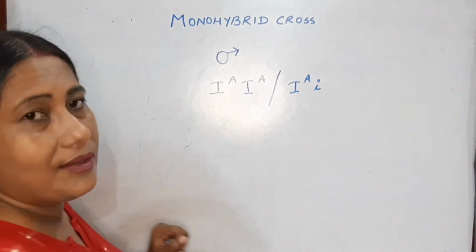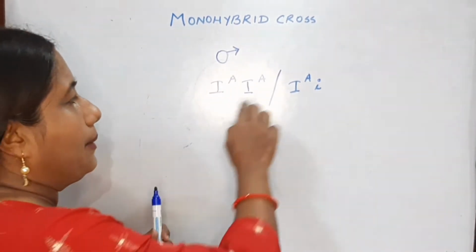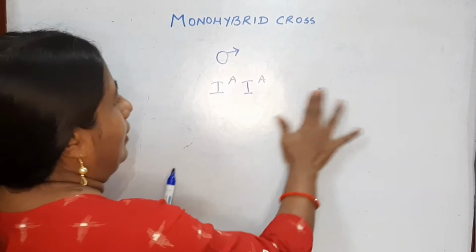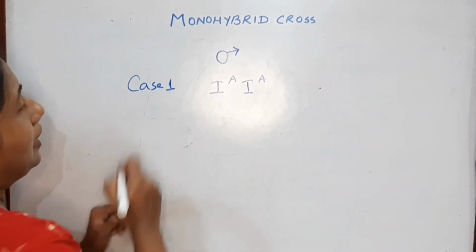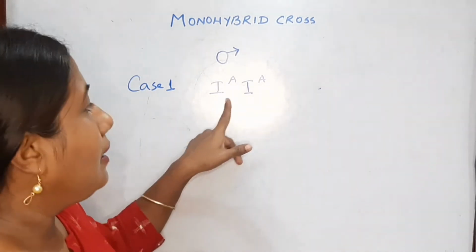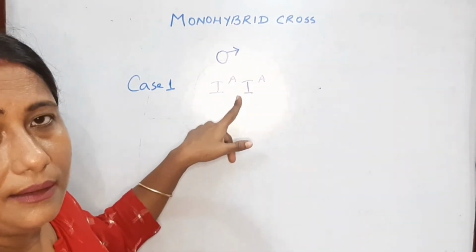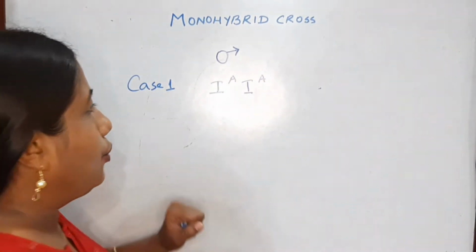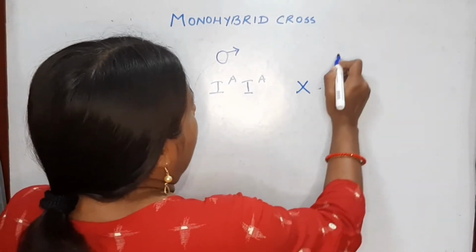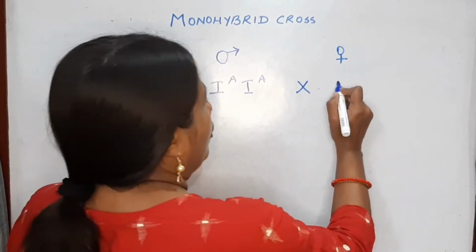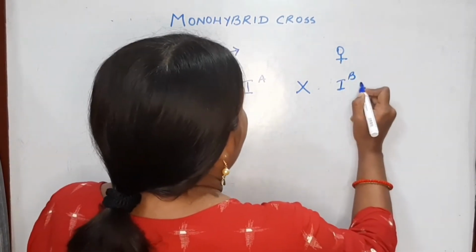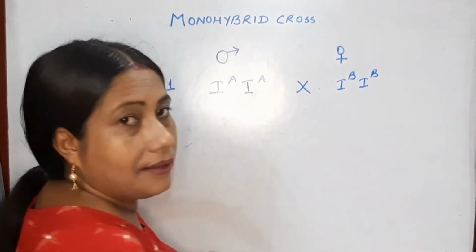So we will consider here case 1, case 2. In case 1, I am considering the man to be homozygous dominant, A blood group, with the woman with B blood group. So B blood group can also be like this, right?